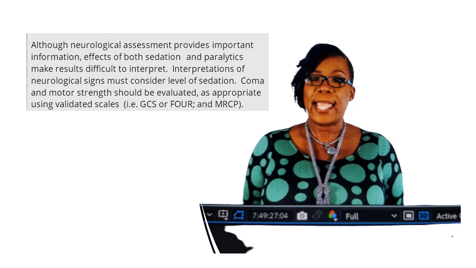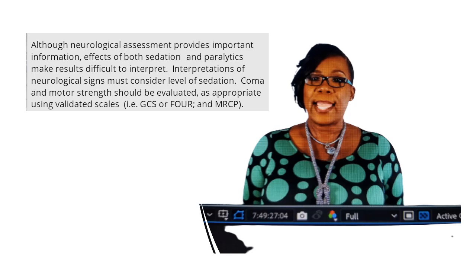Although neurological assessment provides important information, effects of both sedation and paralytic agents make results very difficult to interpret. So if your patient is sedated, you will have a very hard time assessing the neurological status of your patient.